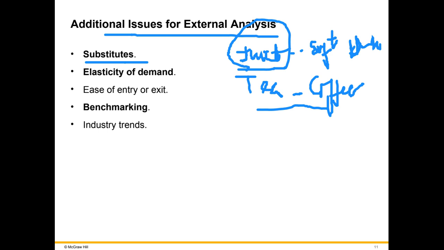Then you'll have to look at the elasticity of demand. Elasticity of demand means what happens if the price increases. If the price increases, does the quantity demanded go down, or does it remain the same?